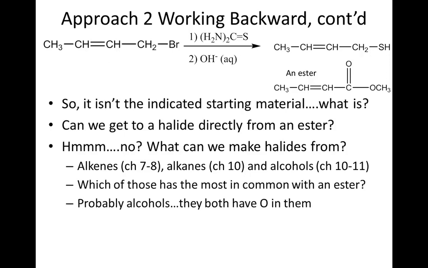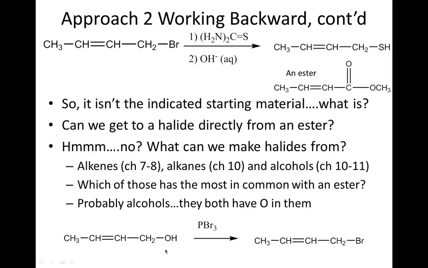So I'm going to guess that alcohols might have been the desired starting material for getting this molecule from an alcohol. So if we have this alcohol, we can get to here. And now, when we see that, we say, okay, is there a way to get to an alcohol from our given starting material?